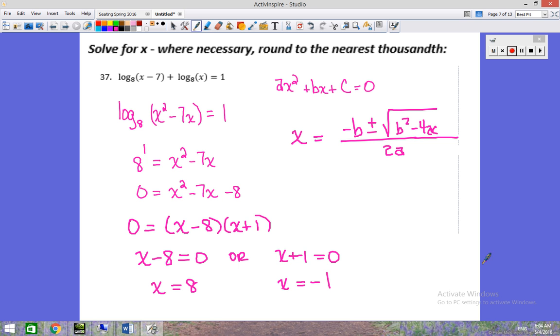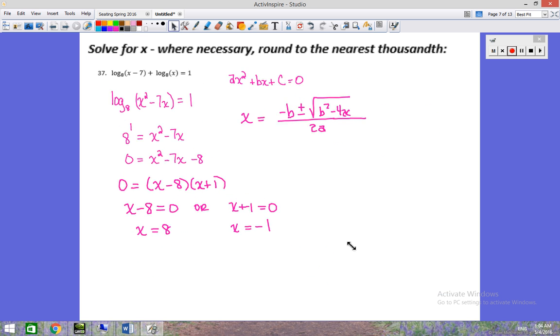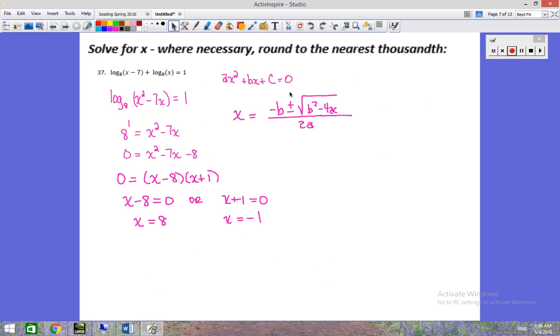Now, for these logarithm equations, we have to check for extraneous solutions. We have to plug this back into the original equation, and we need to avoid taking the log of 0 or the log of a negative number. Now, I'm not saying that we have to avoid negative answers. I'm saying that when you plug that value in, you have to be taking the log of a positive value.